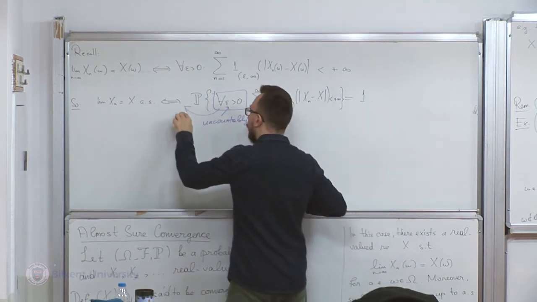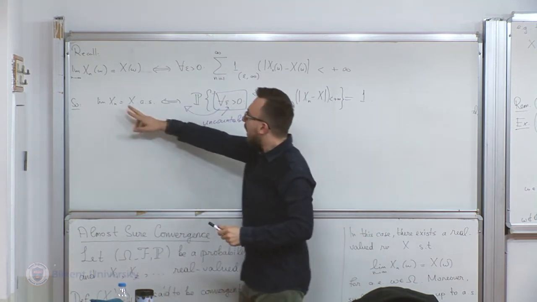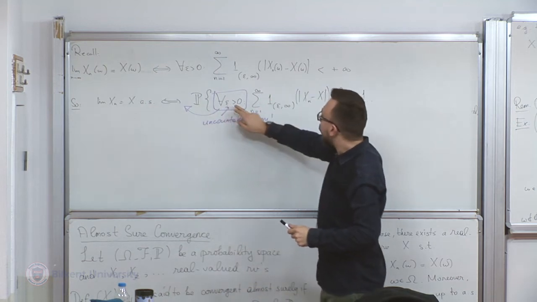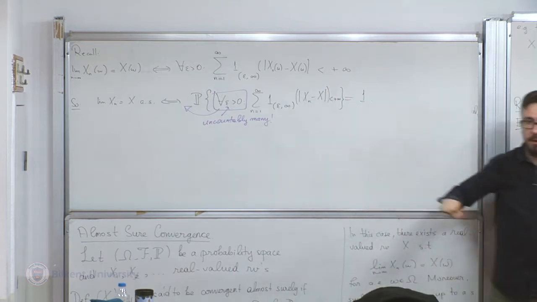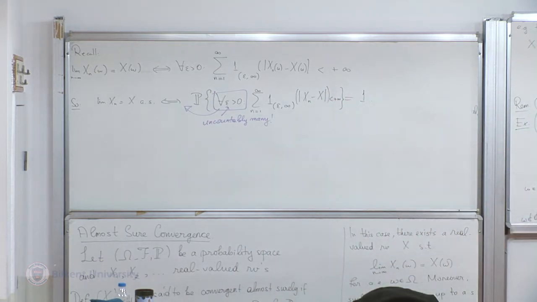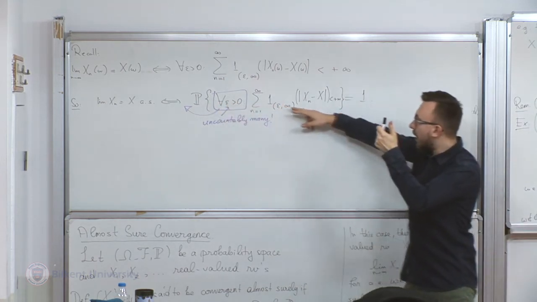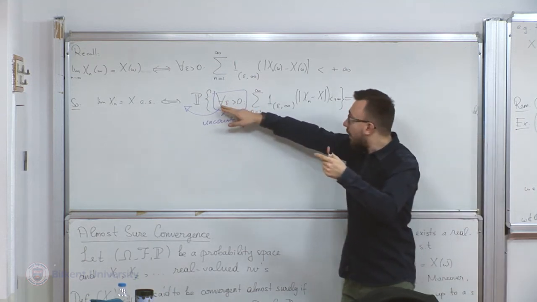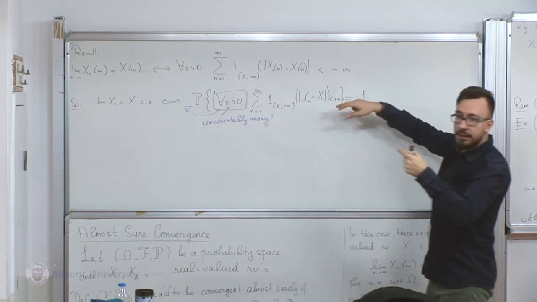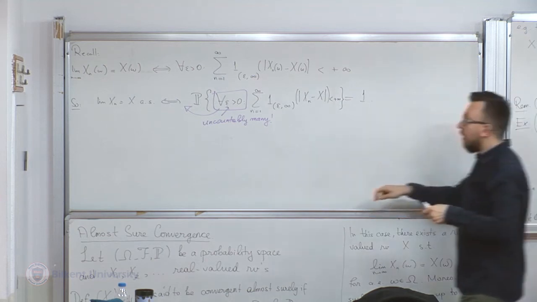Can we take it out? Can we say that X_n goes to X almost surely if and only if for every epsilon, with probability 1 we have this? It's a different statement. This one says that with probability 1, for every epsilon we have this. What I'm proposing is that for every epsilon, with probability 1 we have this. They're not necessarily equivalent, but apparently they are equivalent.